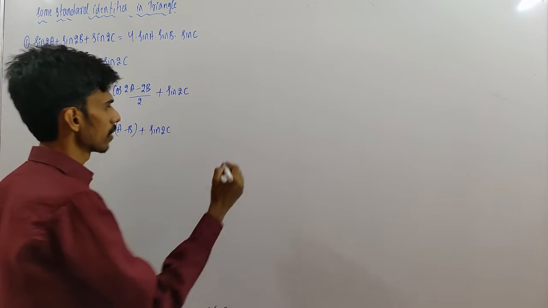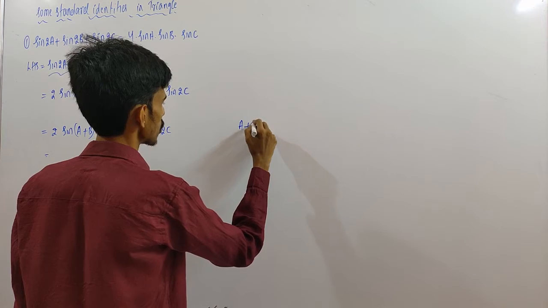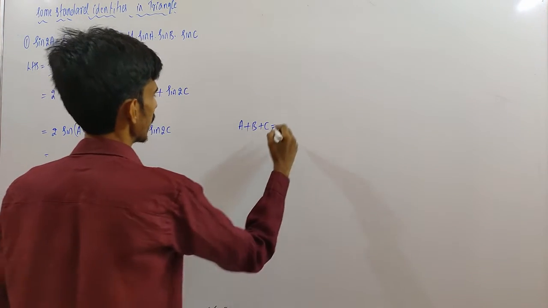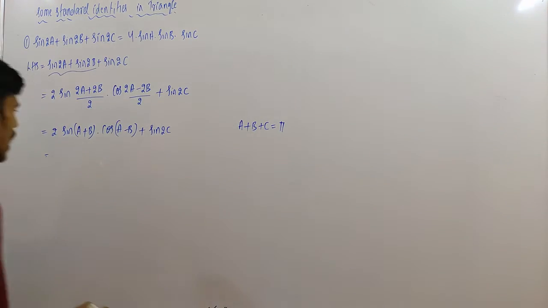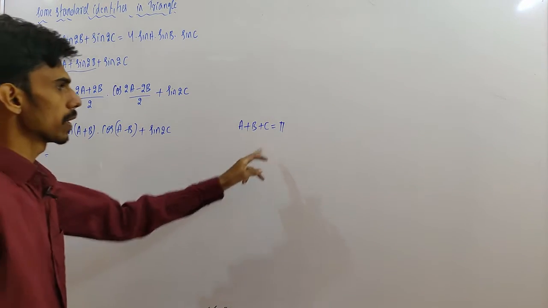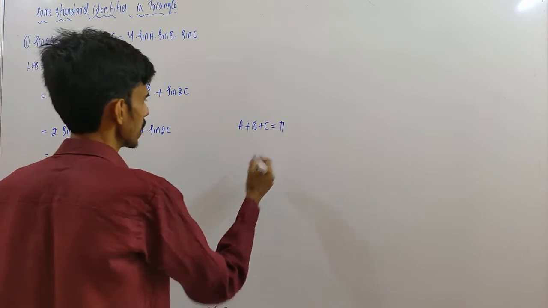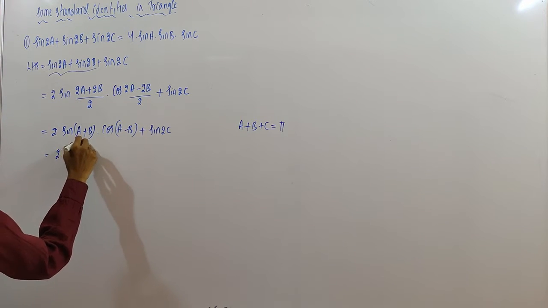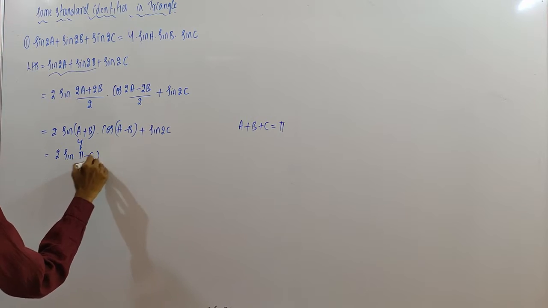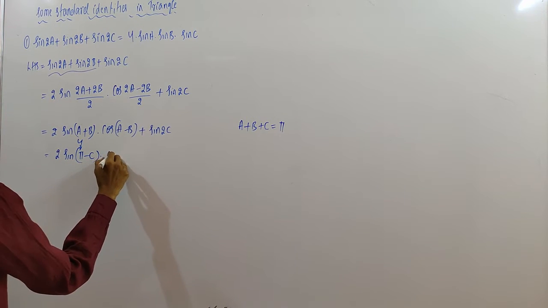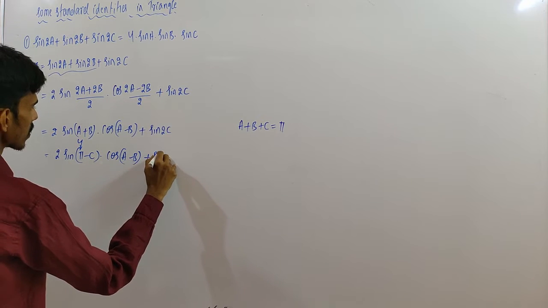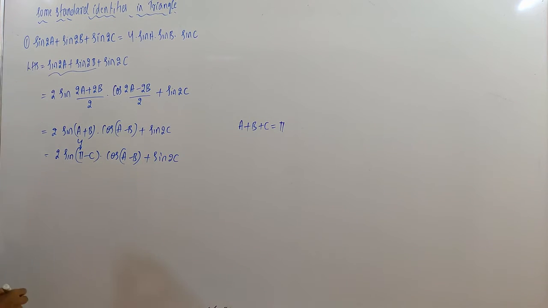Now in any triangle, we know that the sum of the angles of a triangle is equal to pi or 180 degrees. So here we have A plus B. Get the A plus B value from here: A plus B is equal to pi minus C. So it will become 2 into sin (pi minus C) into cos (A minus B) plus sin 2C.